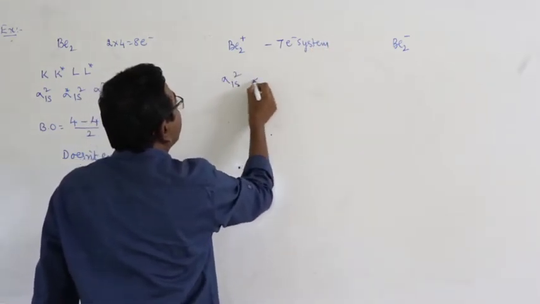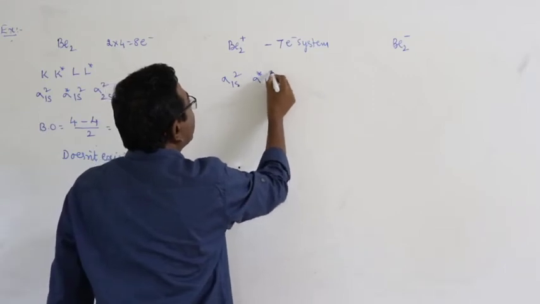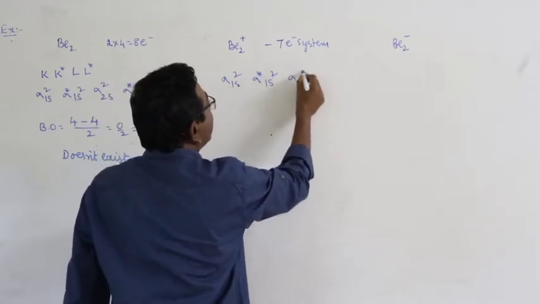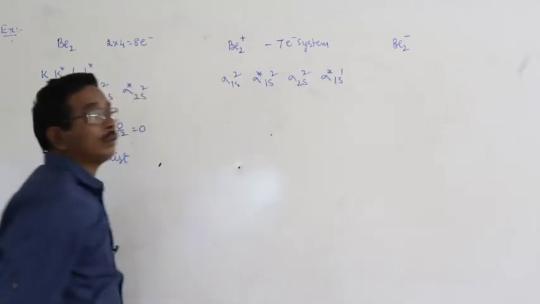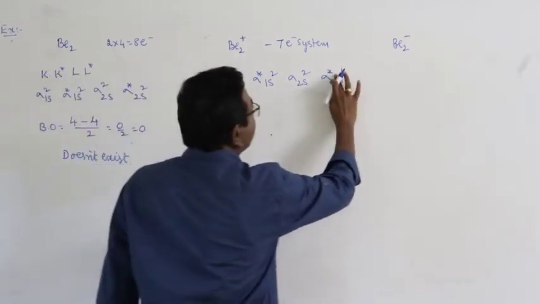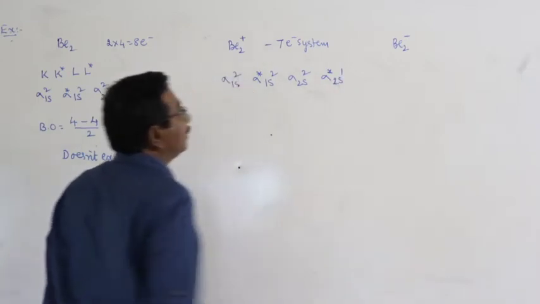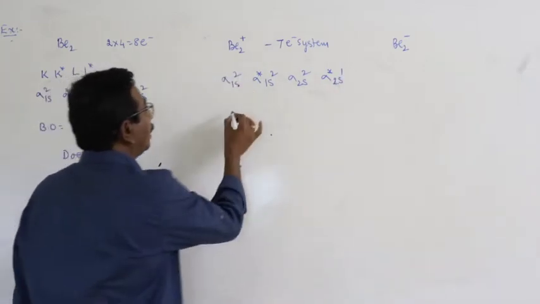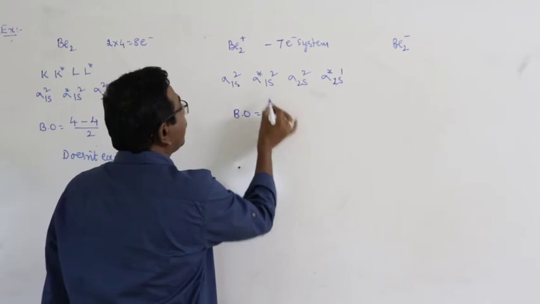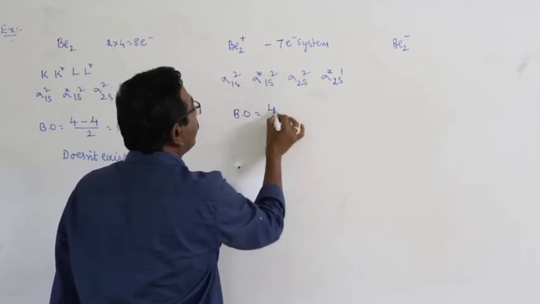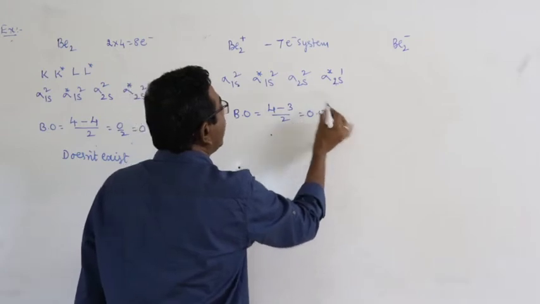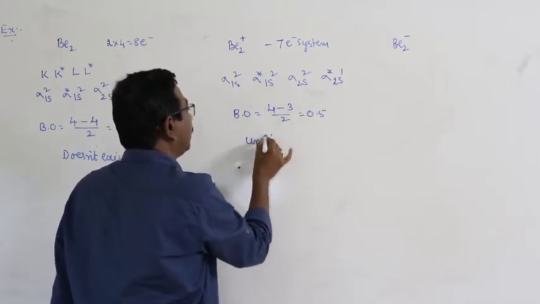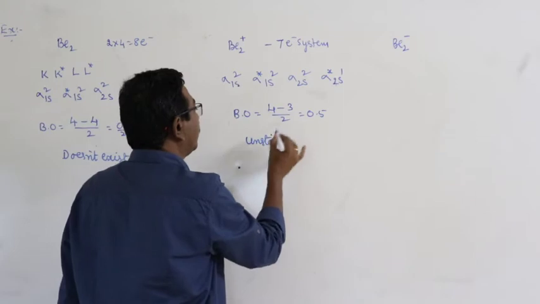Sigma 1s2, sigma star 1s2, sigma 2s2, sigma star 2s1. Here bond order is equal to 2 plus 2, 4 minus 3 by 2, that is equal to 0.5. Here the species is unstable.